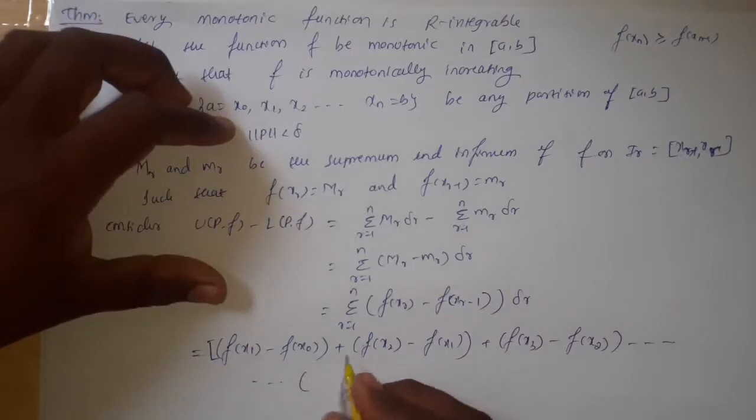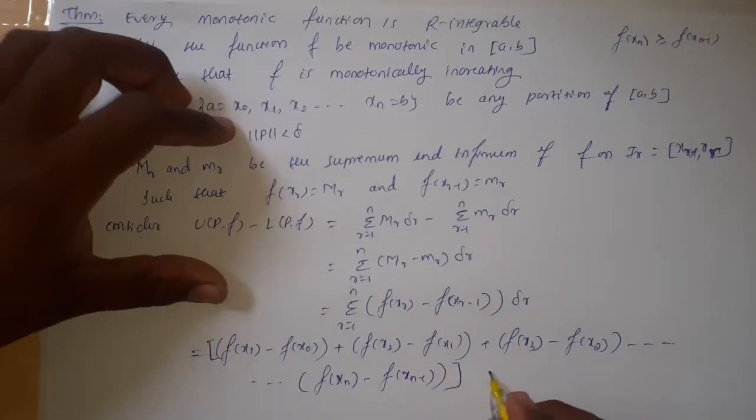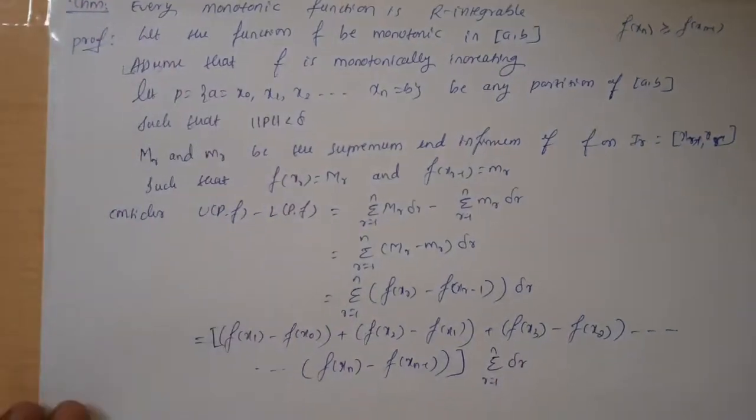For r is equal to n, this becomes f of xn minus f of xn minus 1 into, let us consider this as summation over r equal to 1 to n delta r, right.